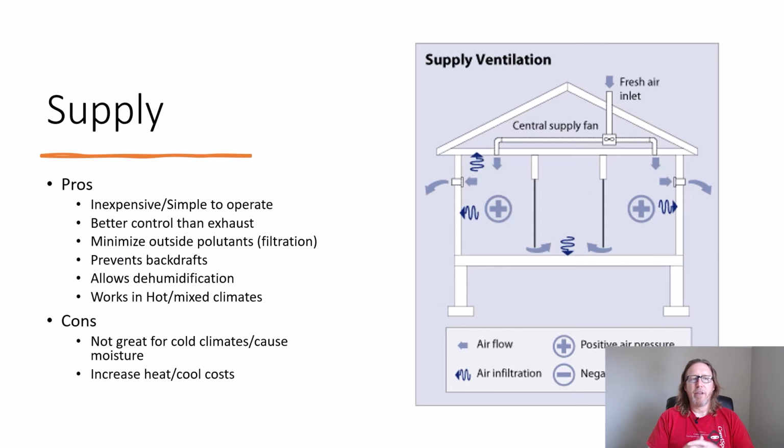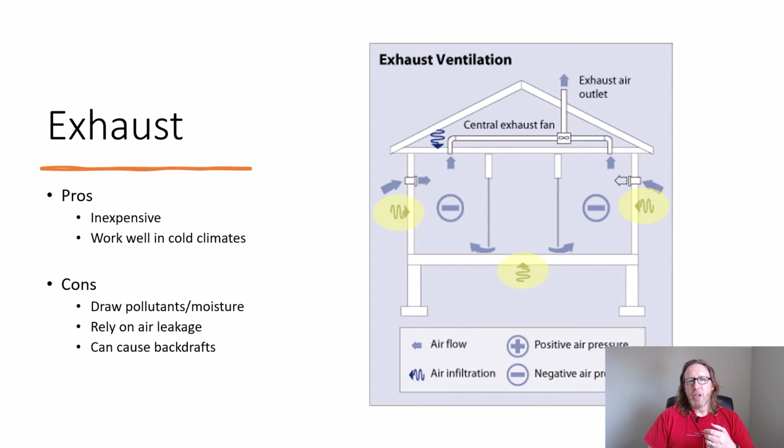Pros of supply ventilation are it's typically inexpensive, just like exhaust. It appears to be simpler to operate, with better control than exhaust. In other words, you are actually determining where the air is going to come from, versus an exhaust like in this slide, where you're pushing the air out and the air is coming in through the air leaks.